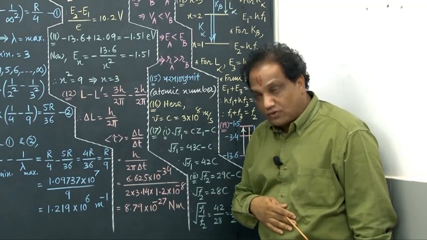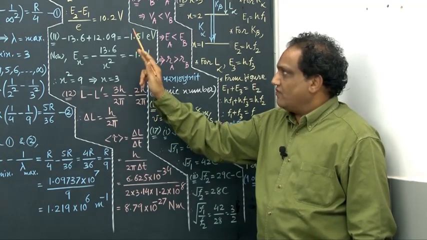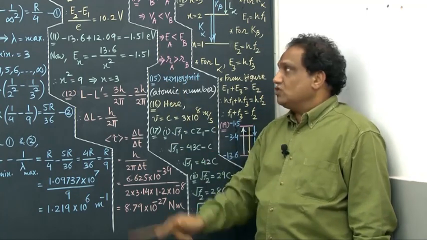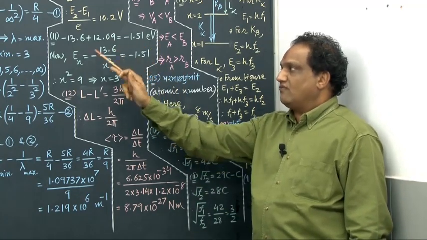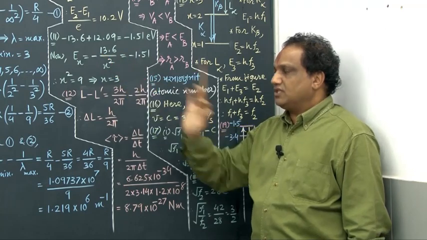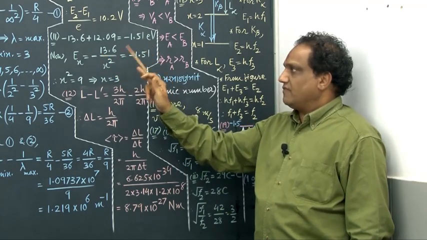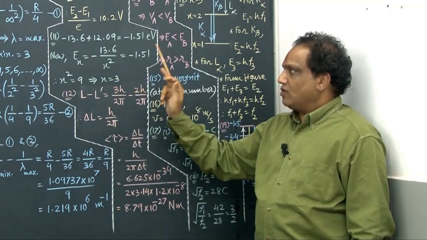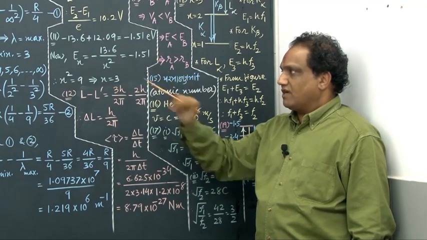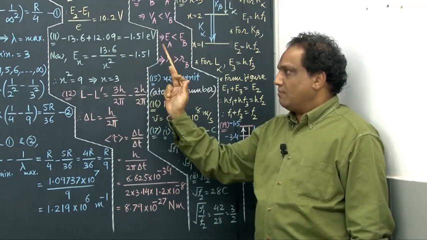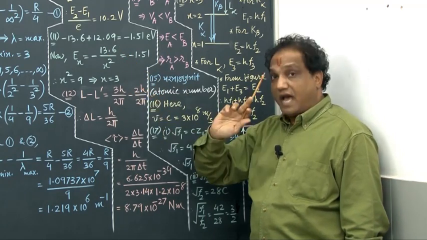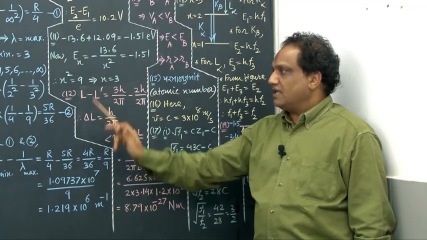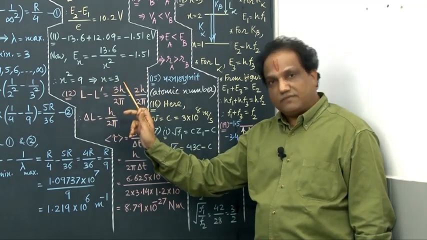This is also the energy of the electron, so we can match this value with the standard formula. Equate the two values, minus minus becomes plus, n square goes to the other side, and 1.51 comes down. 13.6 upon 1.51 is 9, so n square is 9. Taking the square root on both sides, n equal to 3, right?